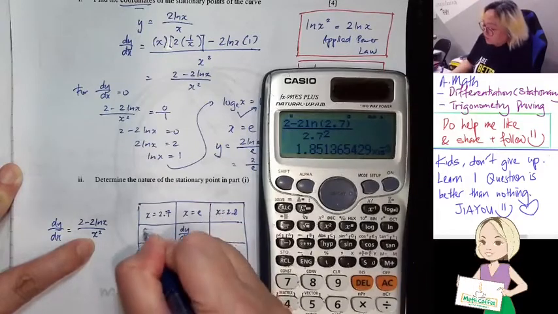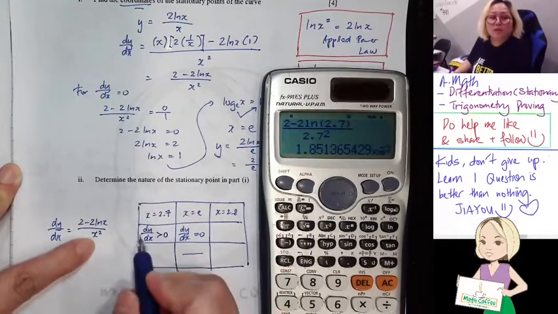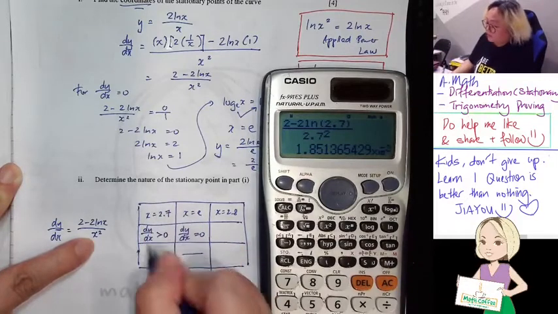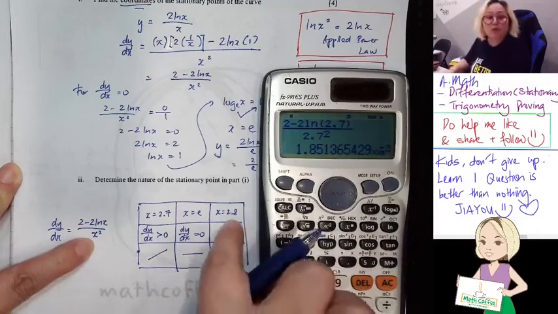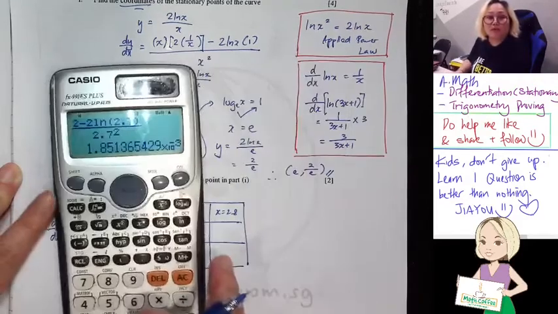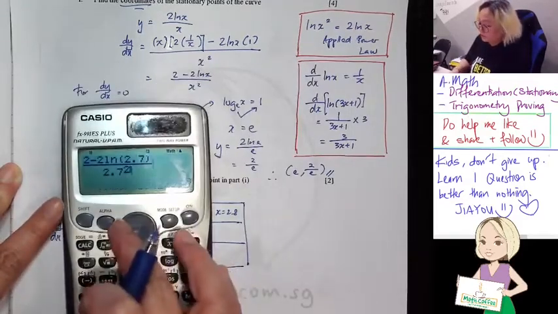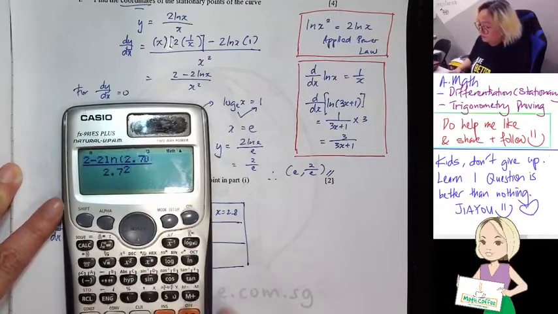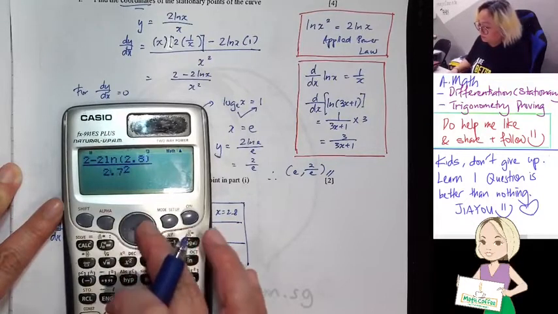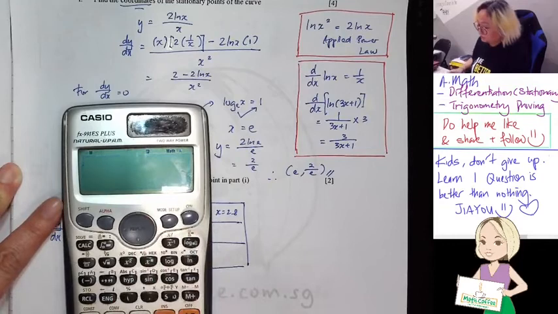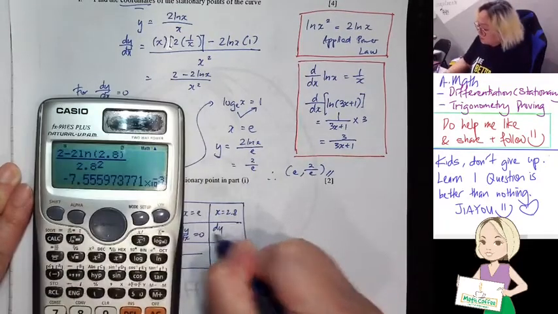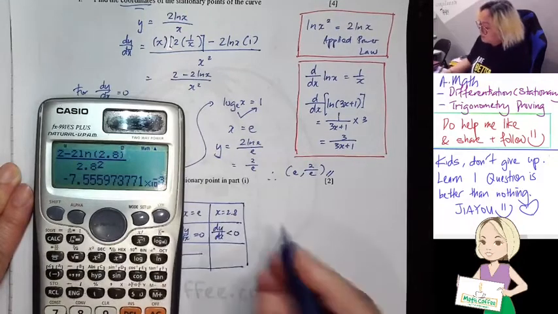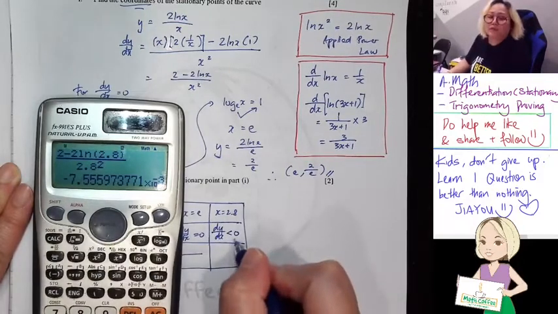So we will just say my dy/dx is positive. Positive means its gradient is positive, means the line slopes up. Now I'm going to sub in 2.8 and see whether it is positive or negative. We get a negative value. So this is dy/dx less than 0. Less than 0 means its gradient slopes down.